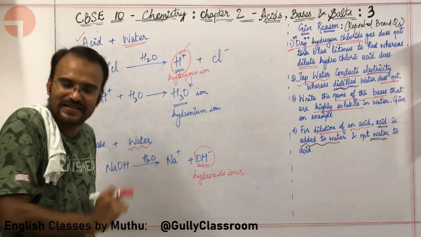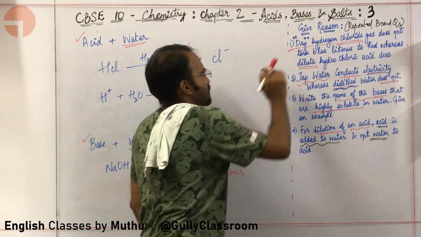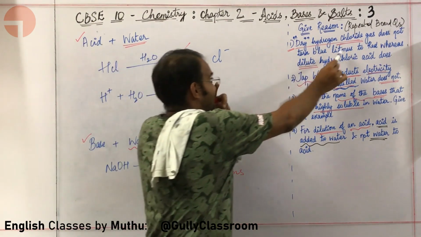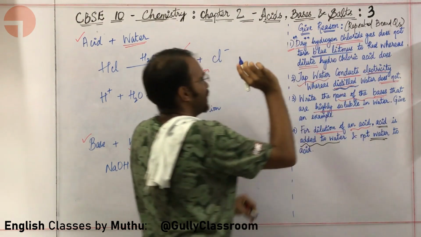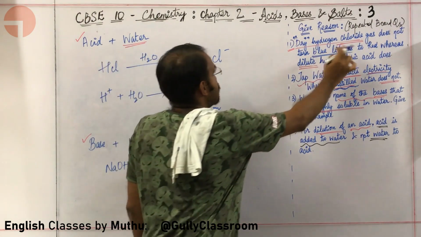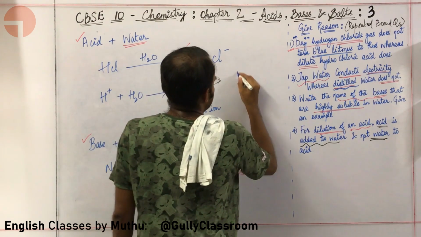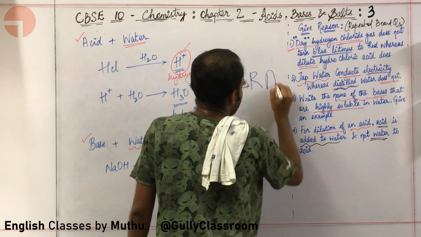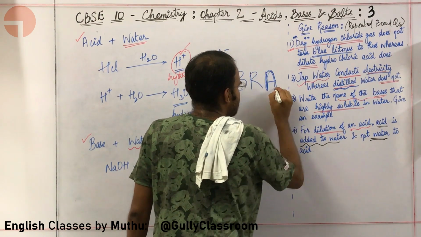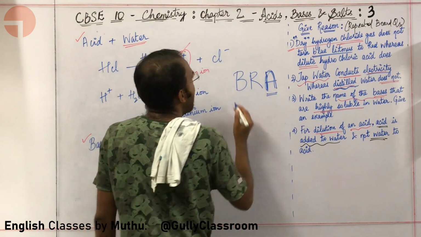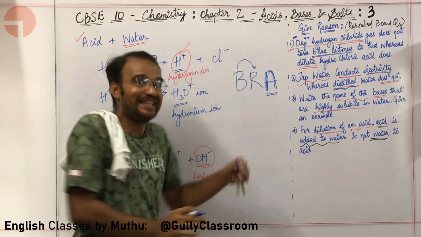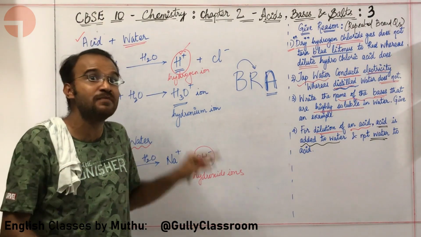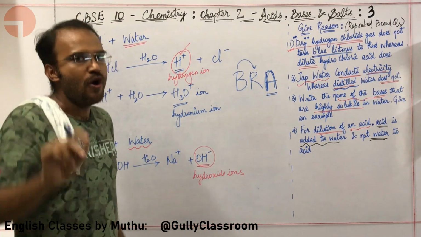With respect to this idea, let us look at the first question. Dihydrogen chloride gas does not turn blue litmus to red. So, all acids convert blue litmus to red. But an acid is an acid because it forms H+ ions when dissolved in water.